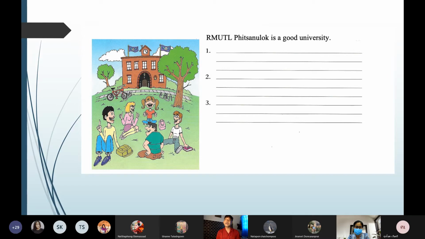So I think RMUTL Pitsanulok is a good university because it is like a small family. See? So in this one, it's a little easier for you to understand now how to speak in the body of your presentation. Okay, so now let's move on to the next slide.